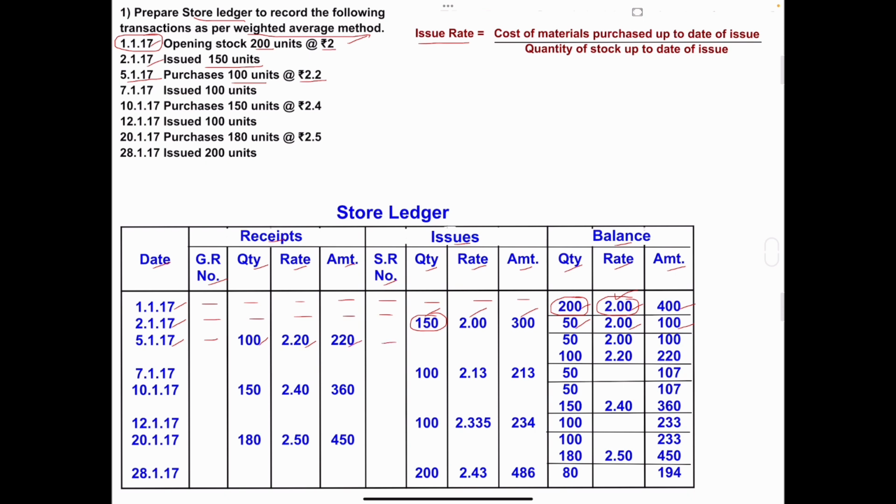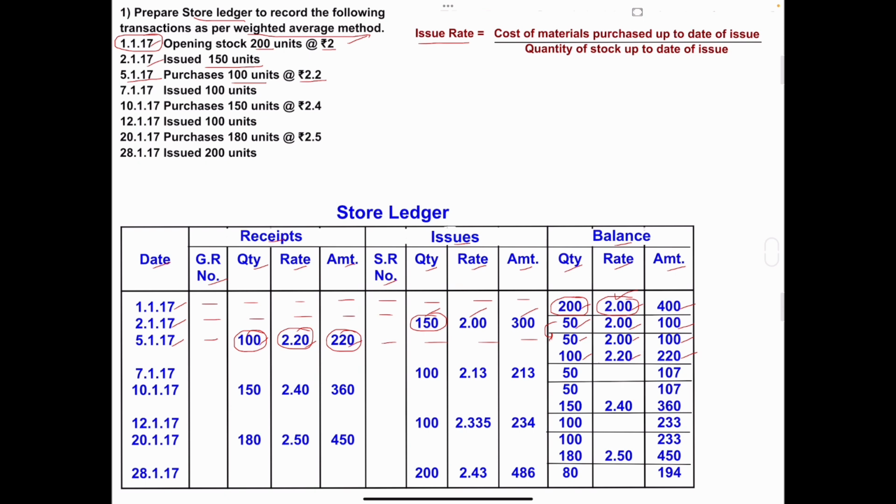Issues column nil. First write the previous balance, that is 50 units, rate per unit 2 and 100 amount. Now add the recent purchase, that is 100 units. Rate per unit is 2.20 and the total amount is 220, and close this.